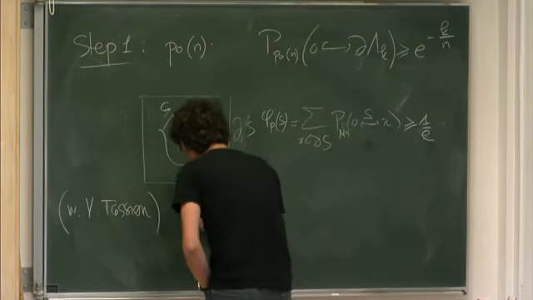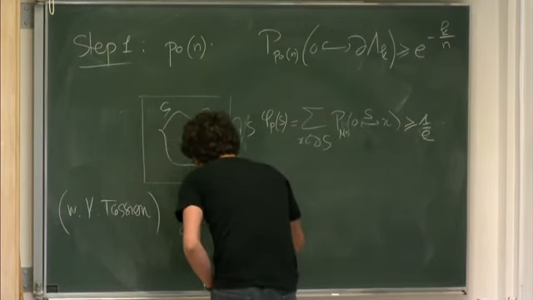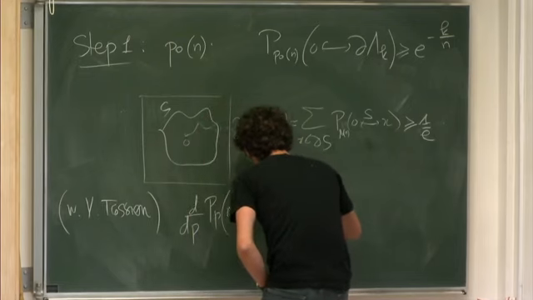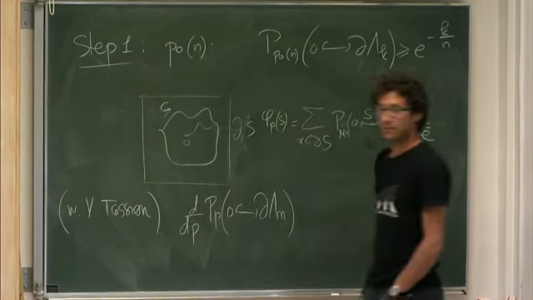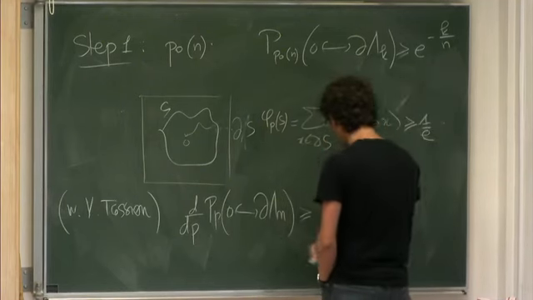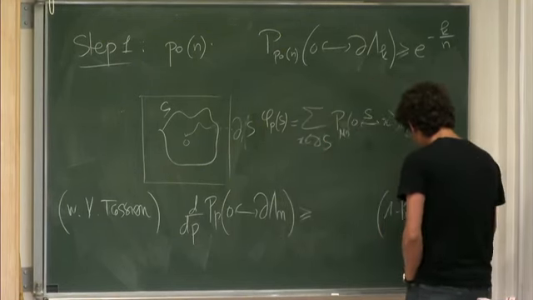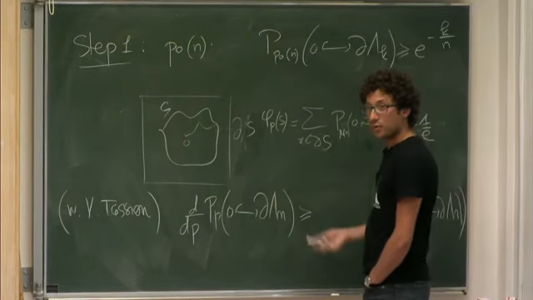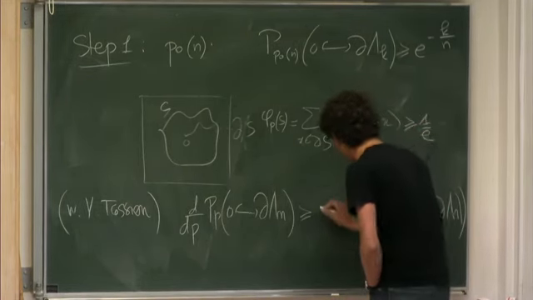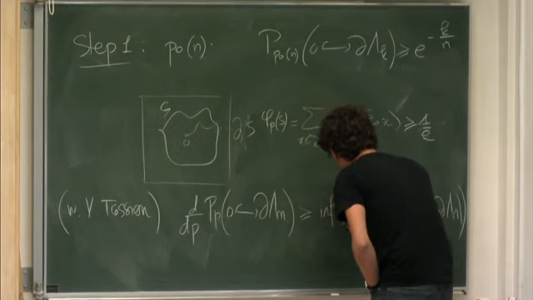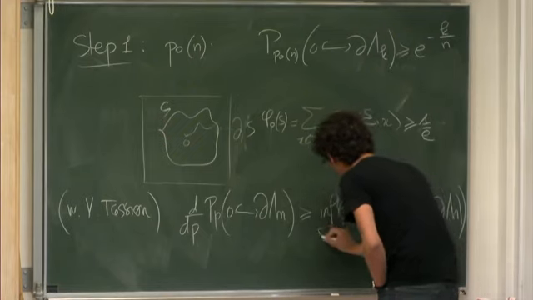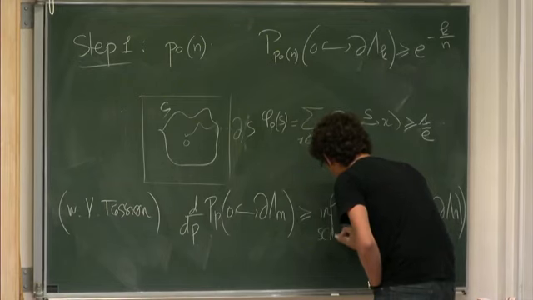The derivative of the probability that 0 is connected to the boundary of the box of size n is larger or equal to 1 minus this probability, times a factor in front, which is the infimum of phi p of S for S included in lambda n.